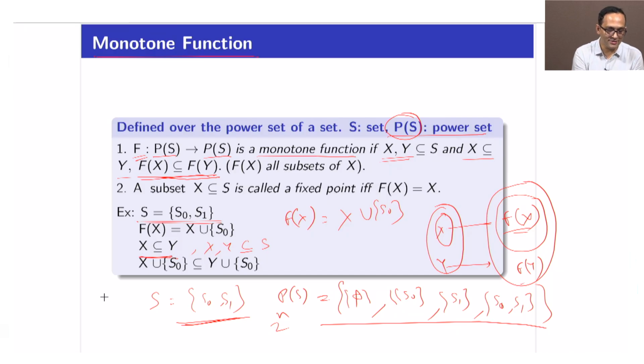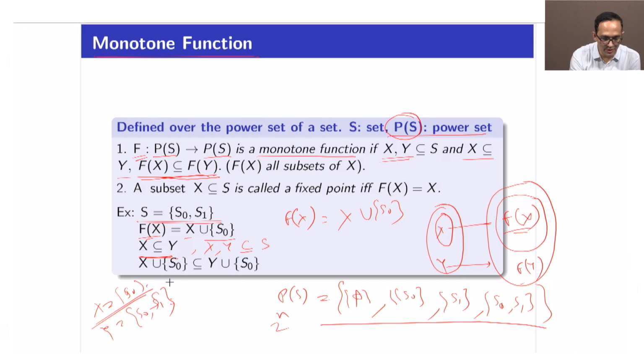Let us say x is {S0}, and y is {S0, S1}, so this is a subset of this. I am defining f(x) equal to x union S0; I am just adding S0 to it. Now if we map this, f(x) will be S0 only, because S0 union S0 is S0. And here also I am adding S0 to it, so f(y) will be {S0, S1}.